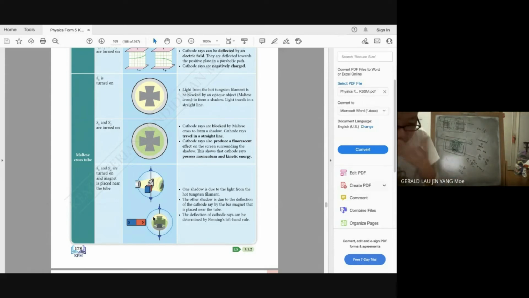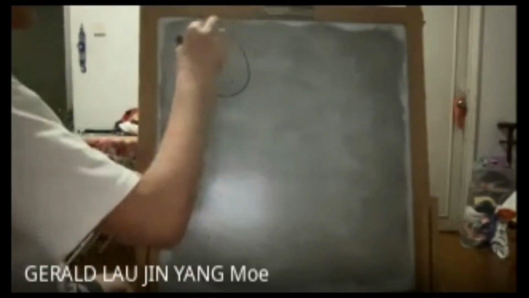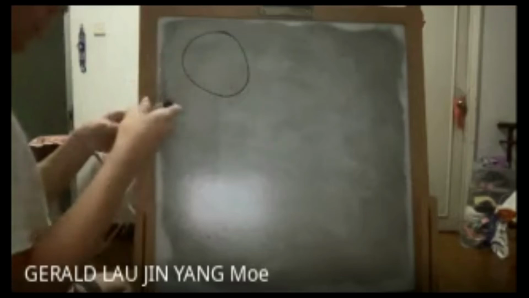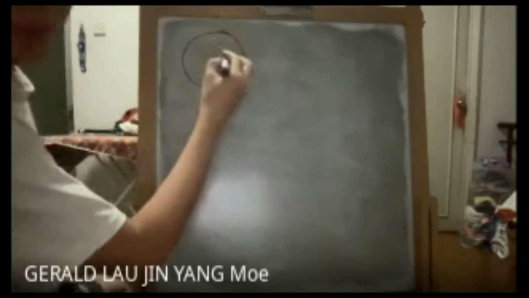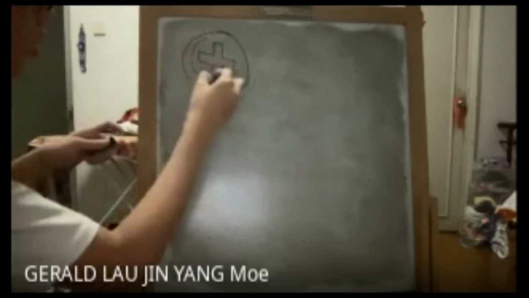So how do I explain this? Let me visualize it. So this is your north. This is your cathode ray tube. This will be your Maltese cross. One shadow will be over here like that.